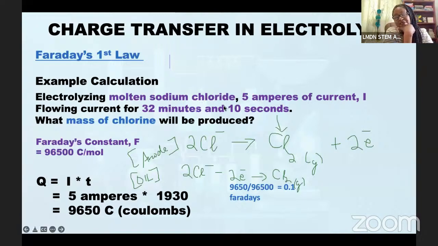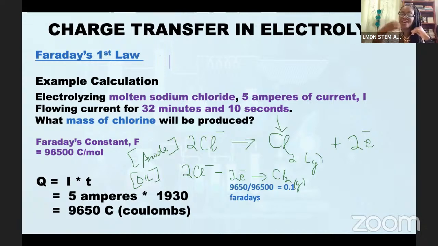So we calculated our Faradays first. And so, okay, this is where mole concept comes in and stoichiometric ratios, right? When we're doing these electrolysis calculations, we're looking at the number of moles of charged species that get transferred.